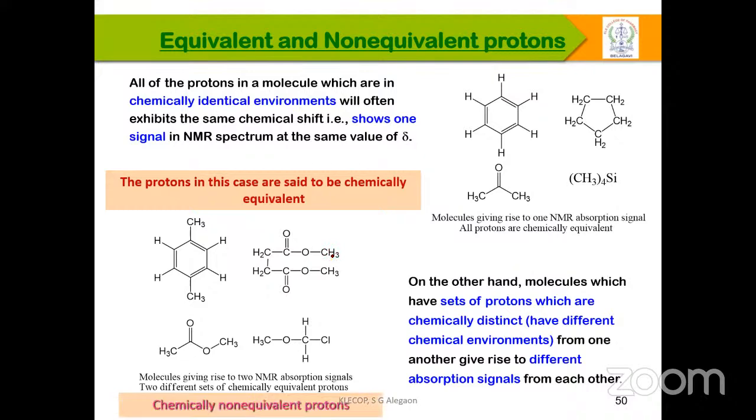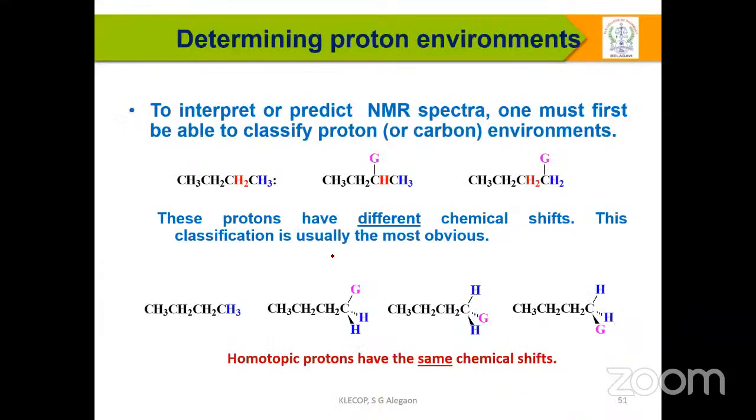Next, how do we distinguish between these protons? To interpret or predict the NMR spectrum, one must first be able to classify the protons and their environment, as I just told you.